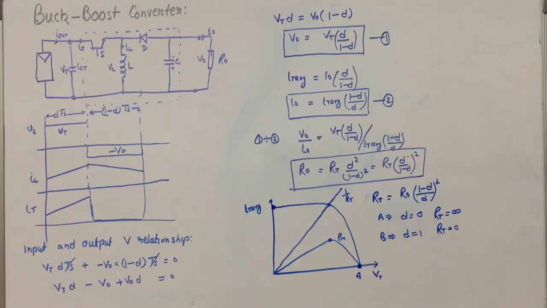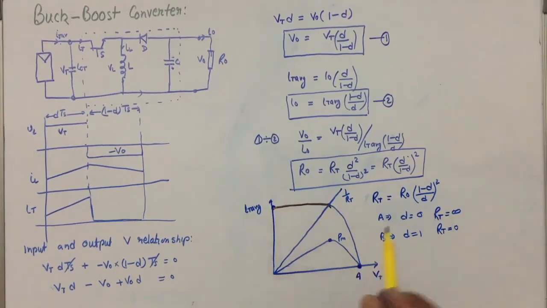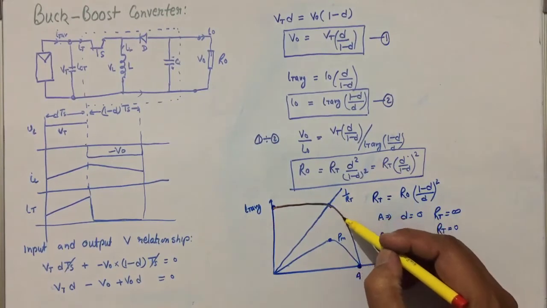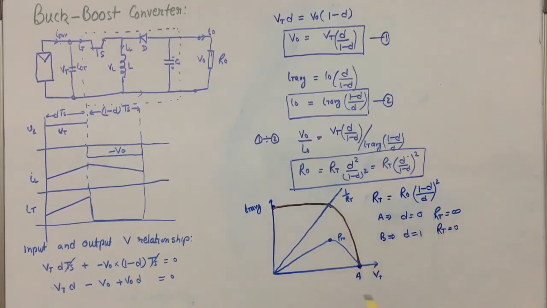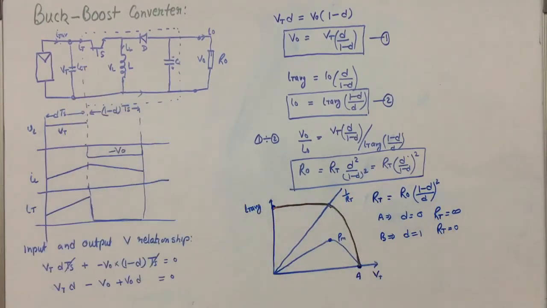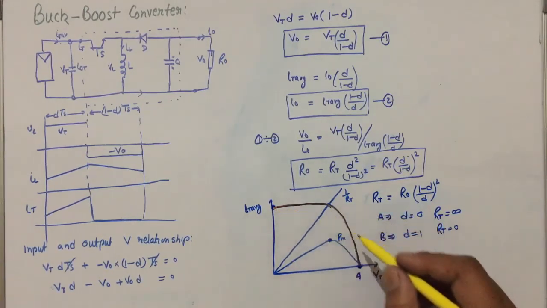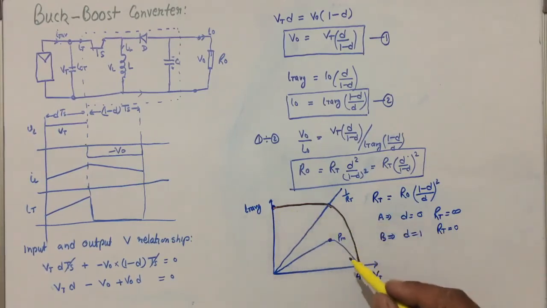So this is the range of operation in the case of the buck boost converter that is possible with the variation of the duty cycle of the switch. We can operate over the full range of the characteristics in this quadrant.